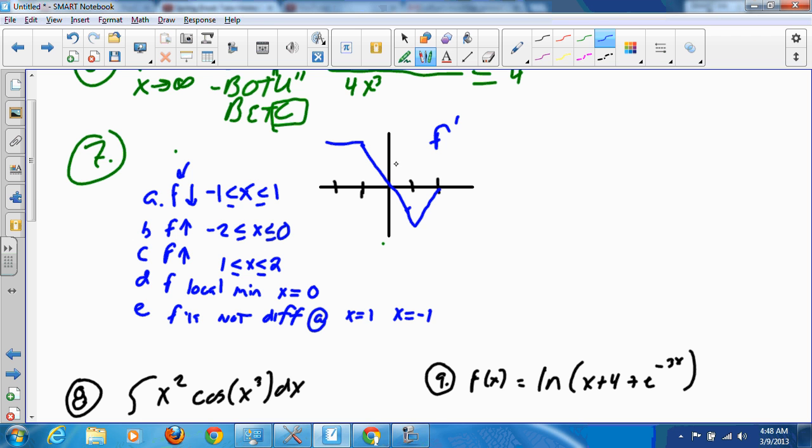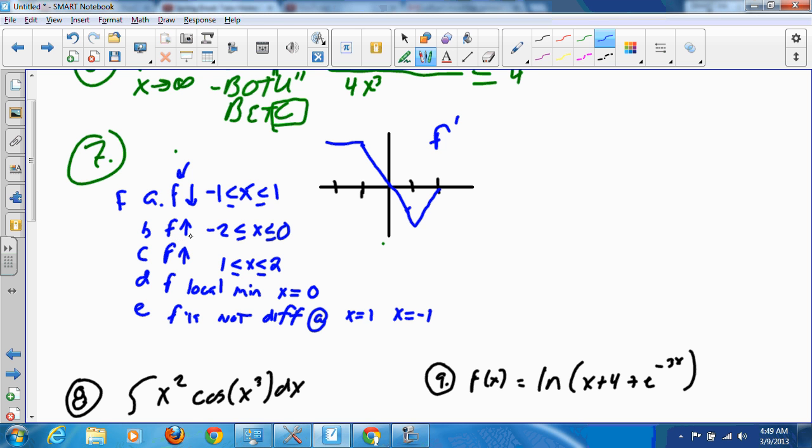It's up here, it's positive 1 or 2 or whatever it is. It is decreasing, but anytime the derivative is greater than 0, then the function is increasing. So this part A is false, so we're not going to choose that one.